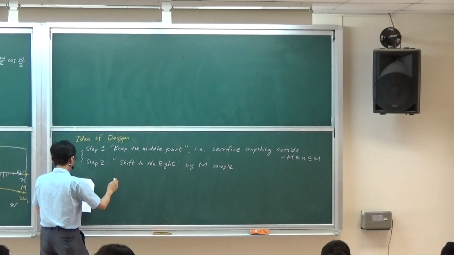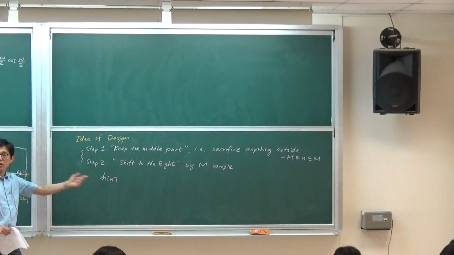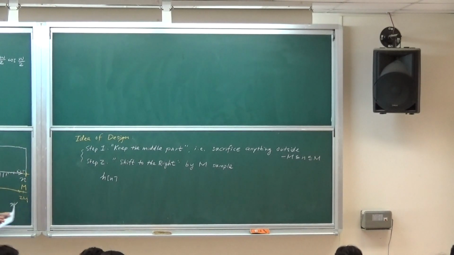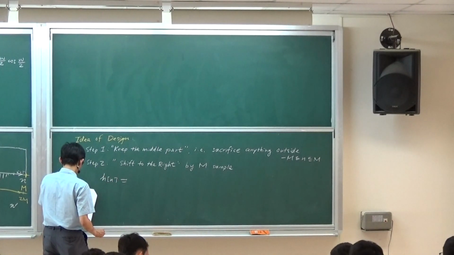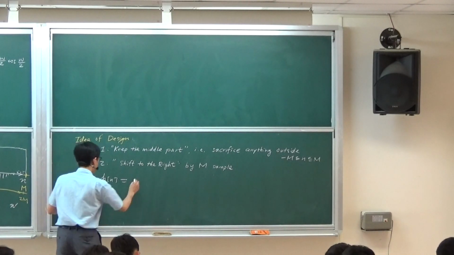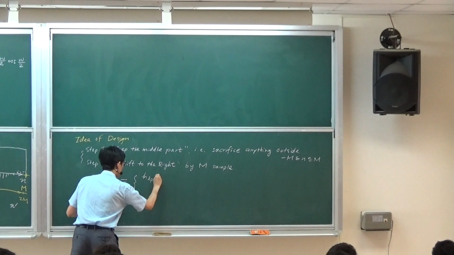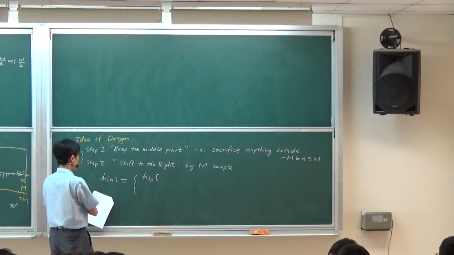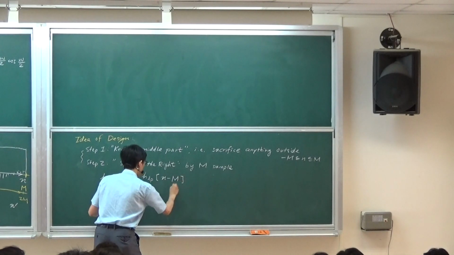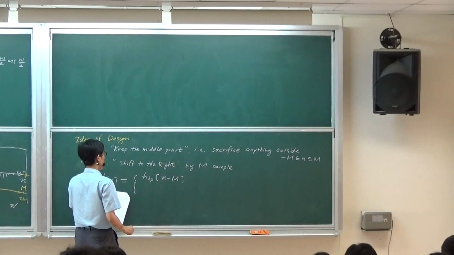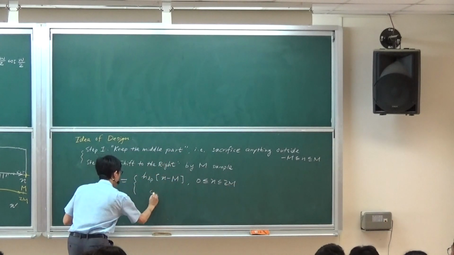So we're going to say shifting to the right by N samples. Combining these two steps, this is the result of our design. The result of our design in terms of the original ideal low-pass response is going to be as follows. h of n is going to be the ideal response at n minus N, for n from 0 to 2N, and 0 elsewhere.